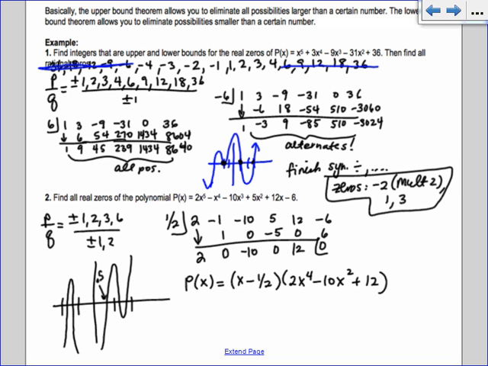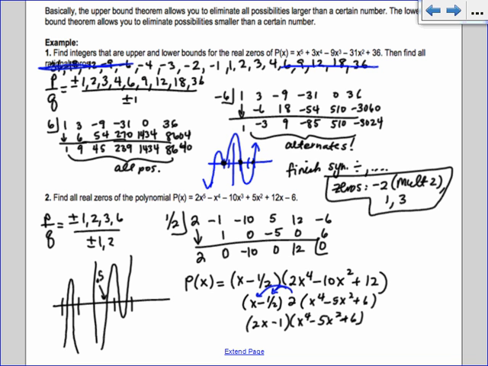The reason these fractions always work out nicely is because there's always a 2 that can be gained from the other one. See how I can pull out a 2? So I have x to the 4th minus 5x squared plus 6. Now when I multiply in the 2, it looks nicer. You get 2x minus 1 times x to the 4th minus 5x squared plus 6.